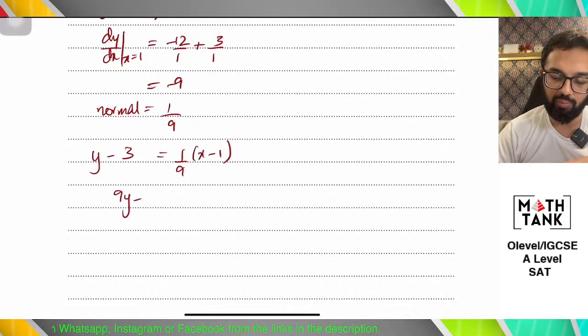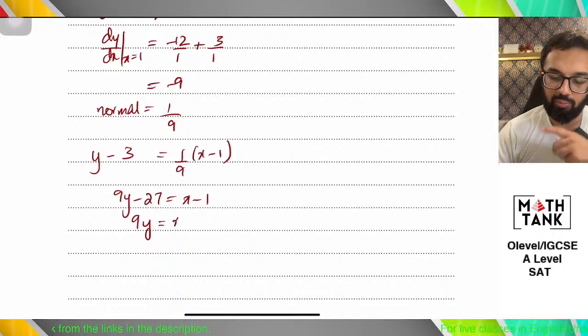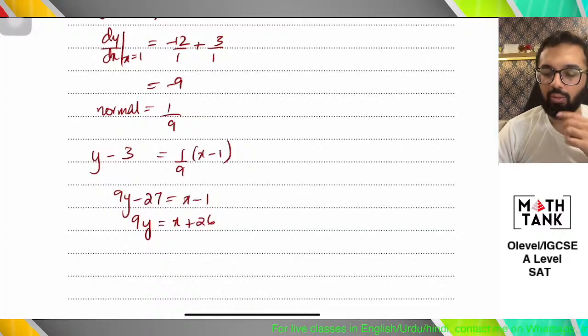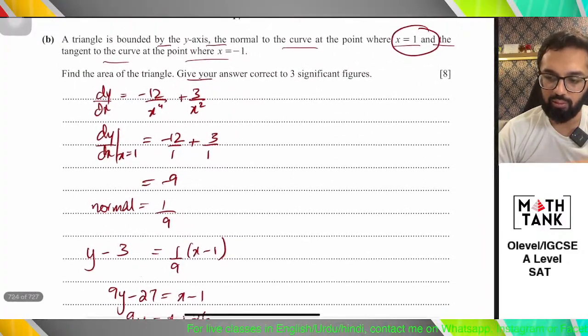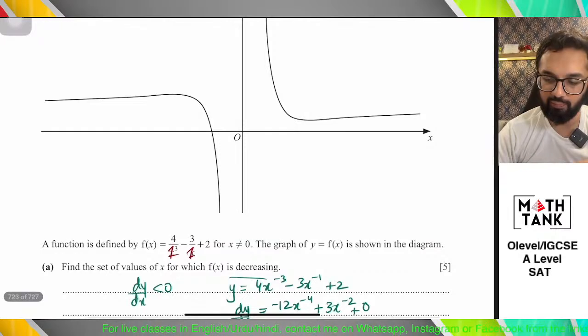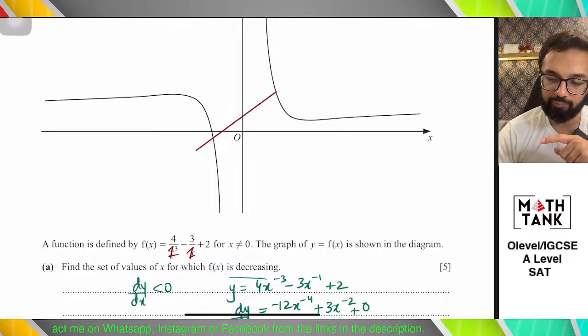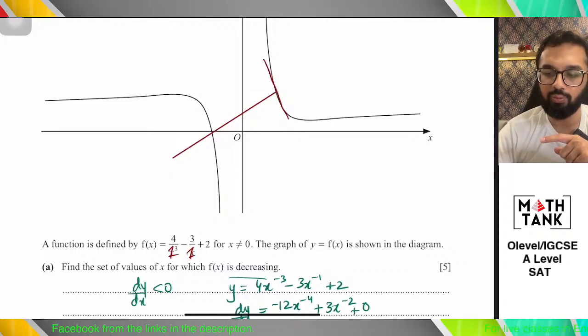This becomes 9y minus 27 equals x minus 1, so 9y equals x plus 26. That's the normal, and the line looks something like this. Because it's a normal, it's perpendicular to the tangent.